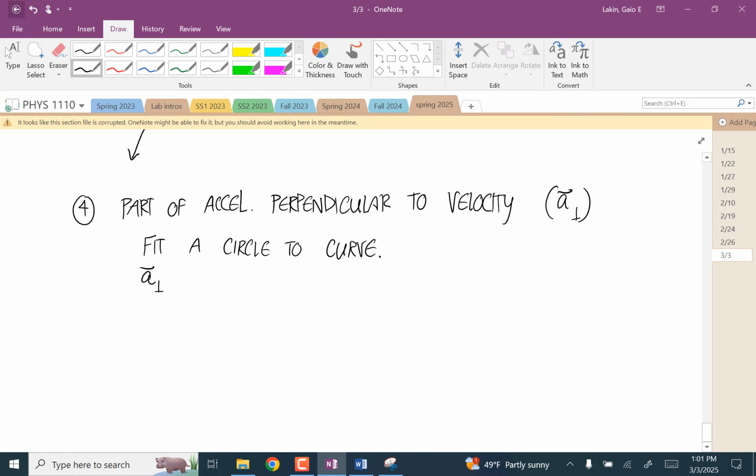A perpendicular points in the direction of that circle's center, the center of that circle.